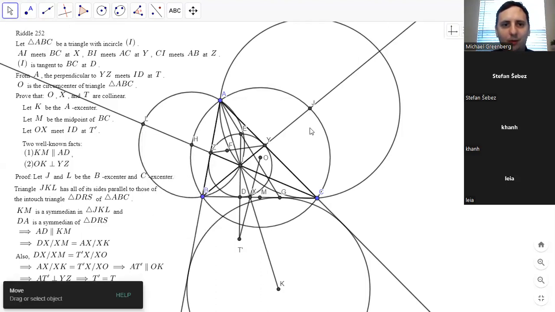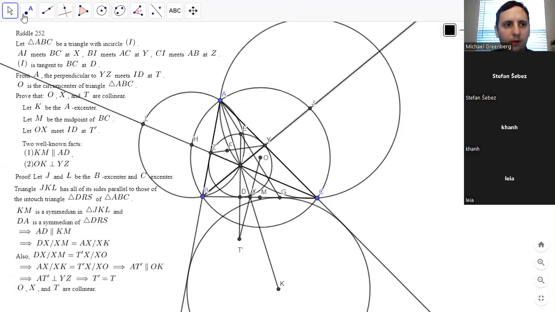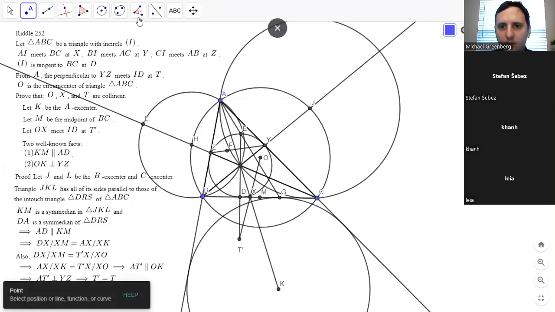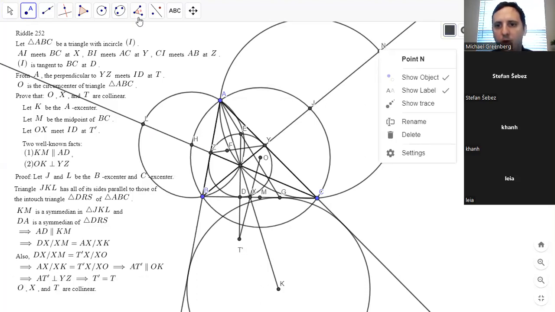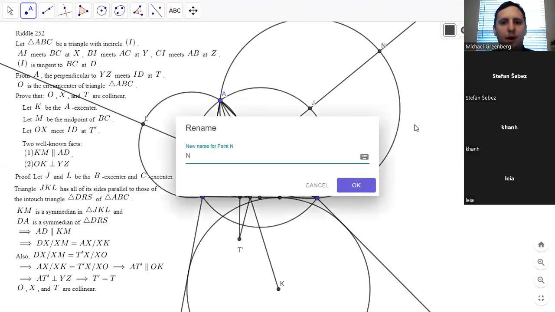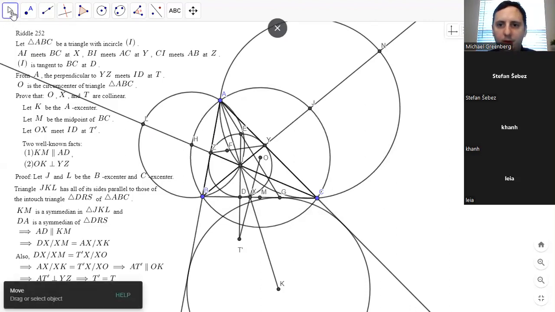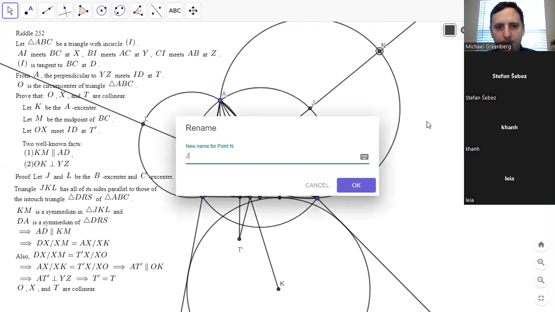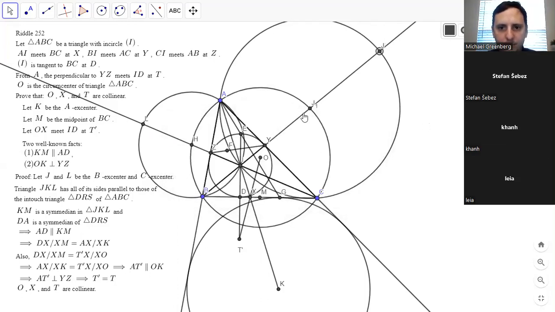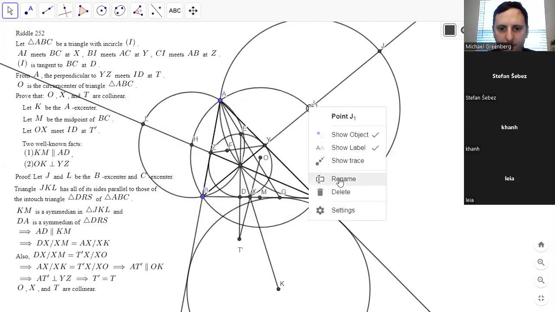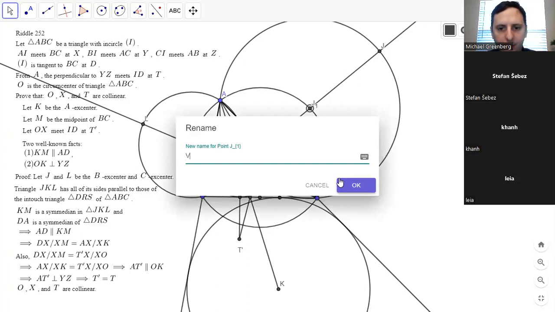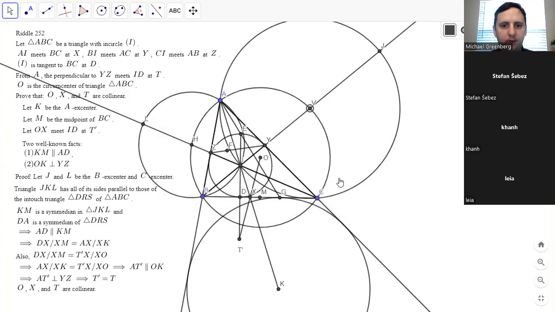And then this one would be J. Oh, but I called this J. I want the other one to be J. Let's call this one V. Running out of letters here.